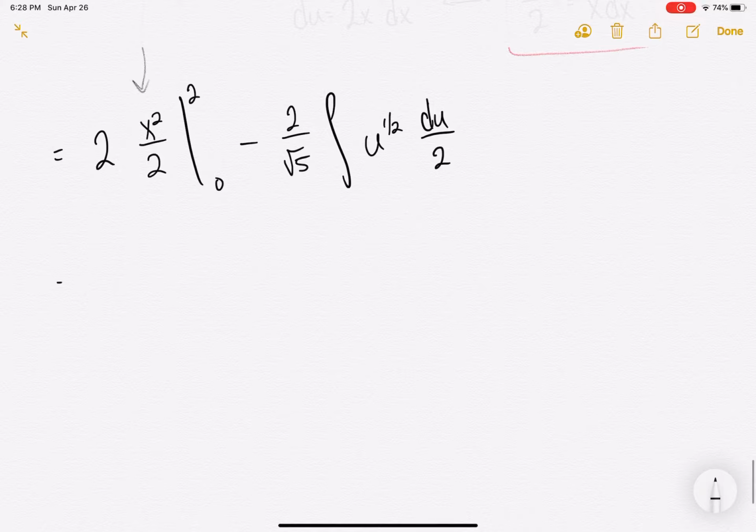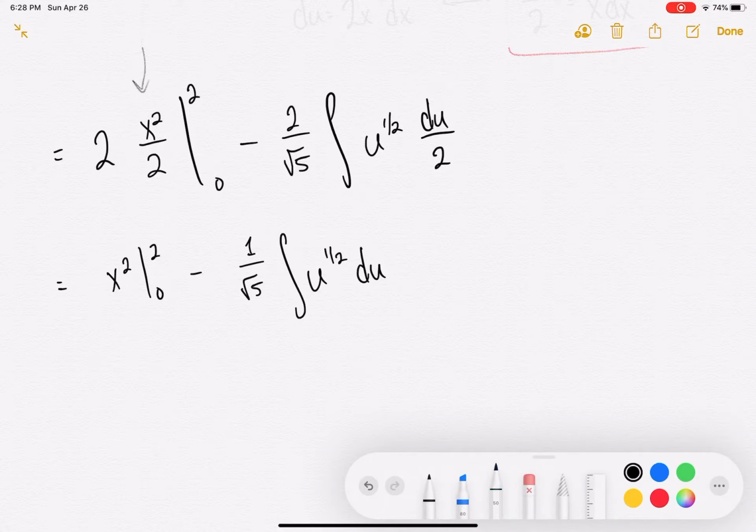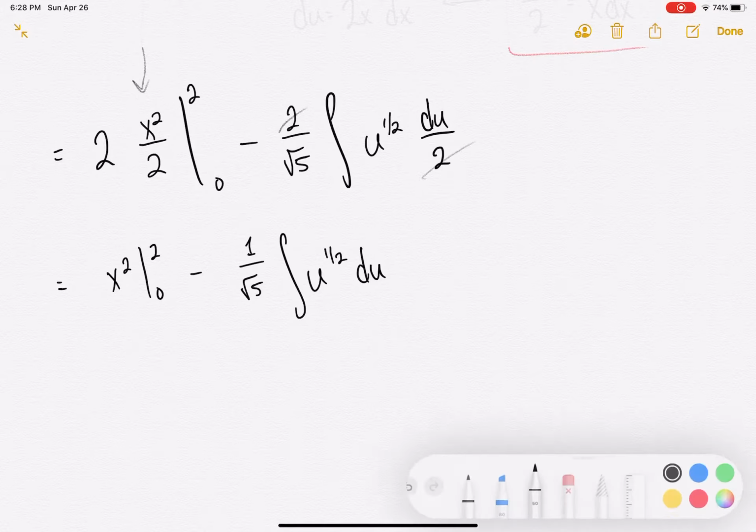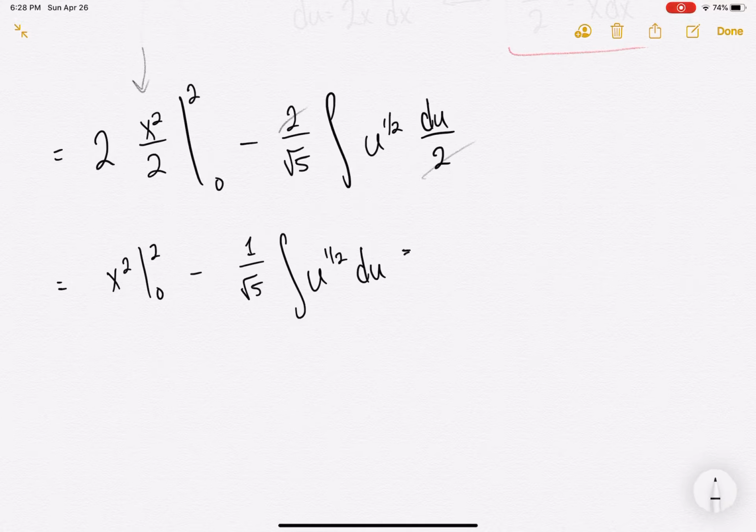So this is really x squared from 0 to 2 there, minus the 2's cancel over here. You get 1 over root 5 integral u to the 1/2 du, because I've canceled these 2's. x squared, if I evaluate that, that's 2 squared minus 0 squared, minus 1 over root 5, u to the 3/2.